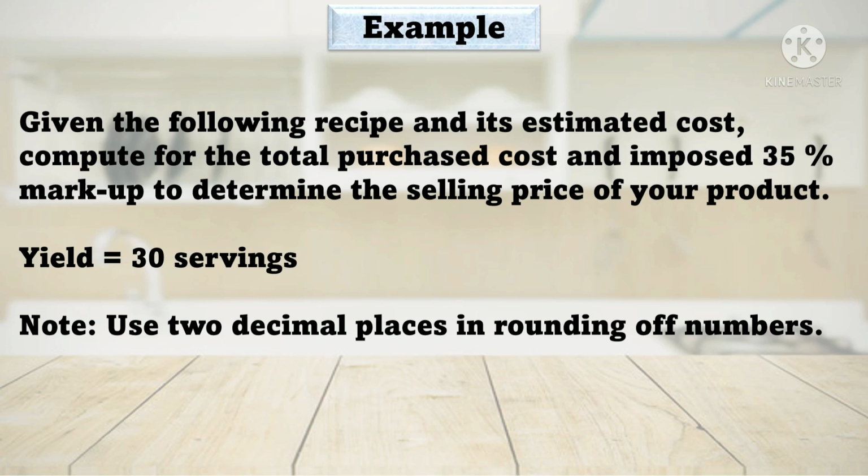Here's another example. Given the following recipe and its estimated cost, compute for the total purchase cost and impose 35% markup to determine the selling price of your product. The yield is 30 servings. And we are going to use 2 decimal places in rounding off numbers.